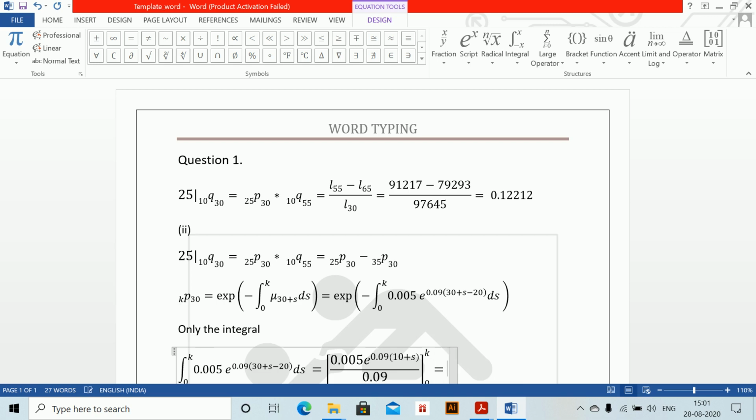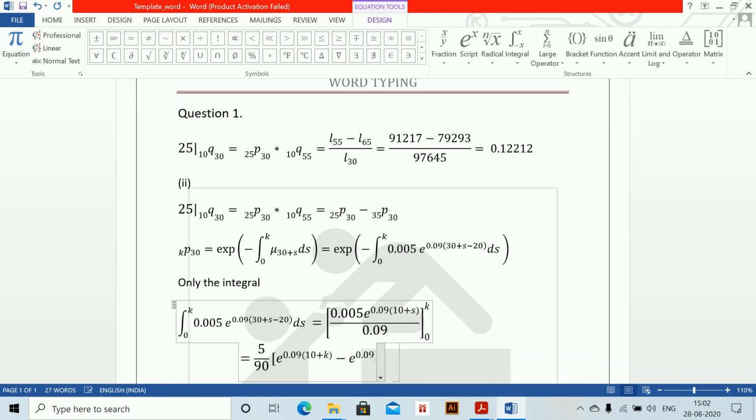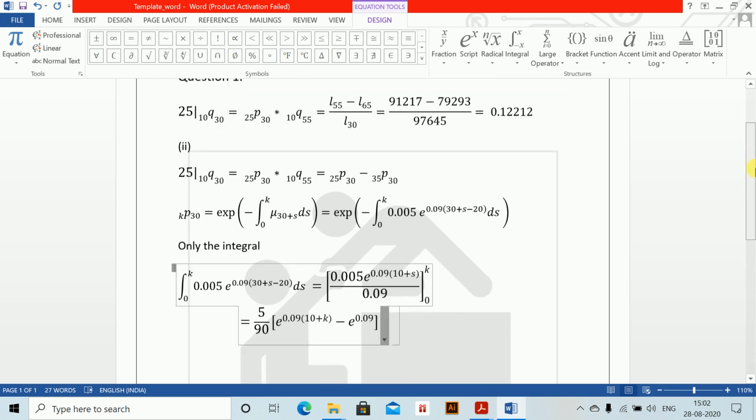Solving this we get 5 by 90 times e to the power 0.09 (10 plus k) minus e to the power 0.9. So this is how you solve the integral.